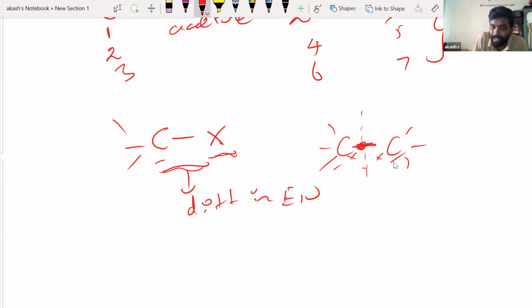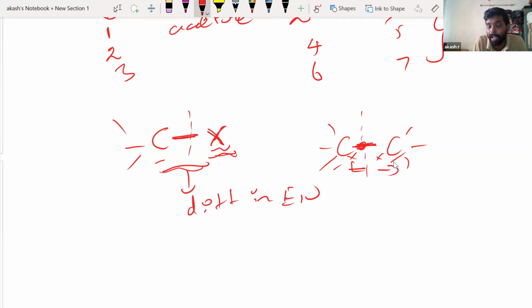That means they are pulling the electrons towards themselves equally because they're equally electronegative, right? But if you go to a bond like this, not only this bond, any bond where you have difference in electronegativity, what will happen? We can easily understand that the electron density is not going to be at the center, but since my X has more pulling power than carbon, the electron cloud will be more towards the higher electronegative atom.